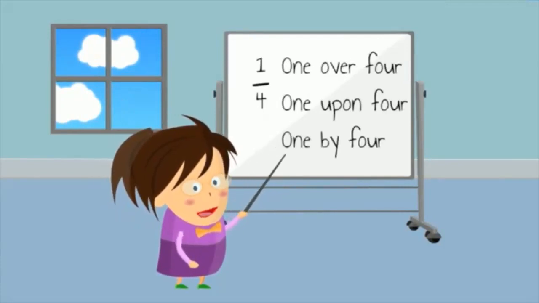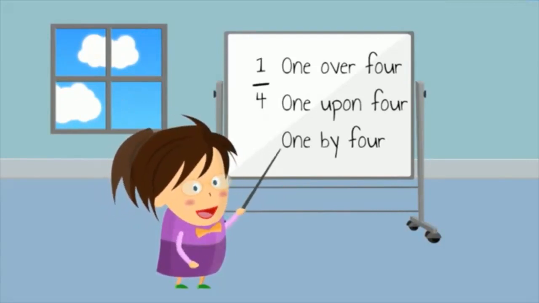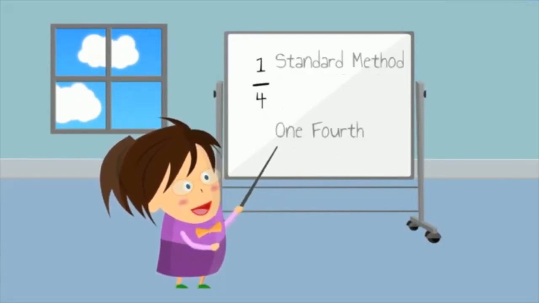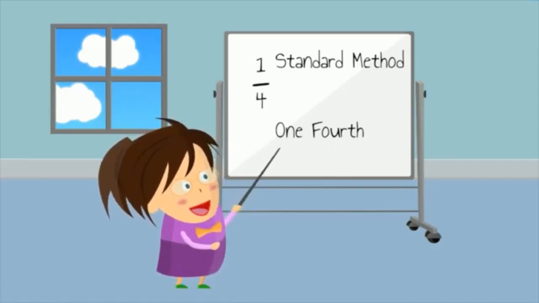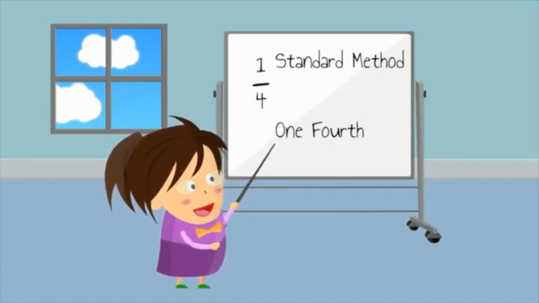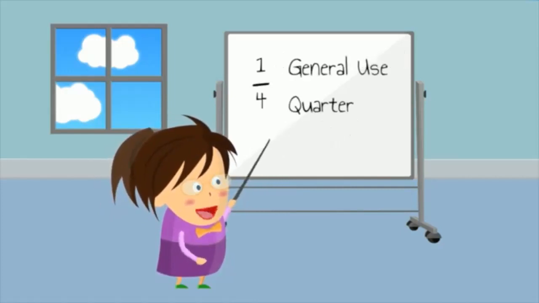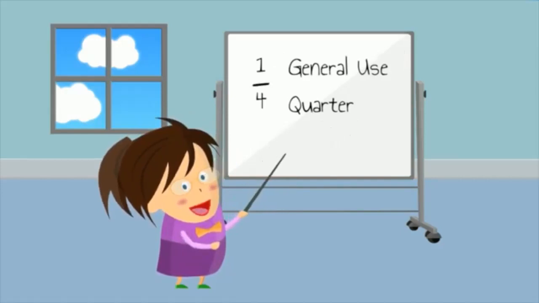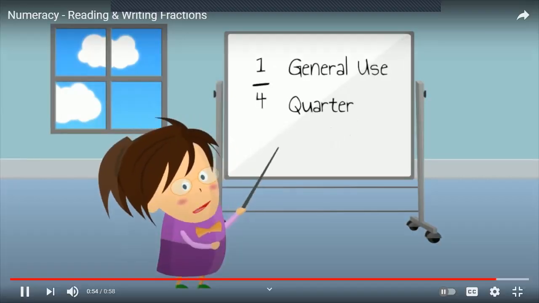You can also say 1 over 4, 1 upon 4, or 1 by 4. There are different ways to say it. The standard method says that this is 1/4. And in general use, you call it a quarter. And there are many other variations of it.